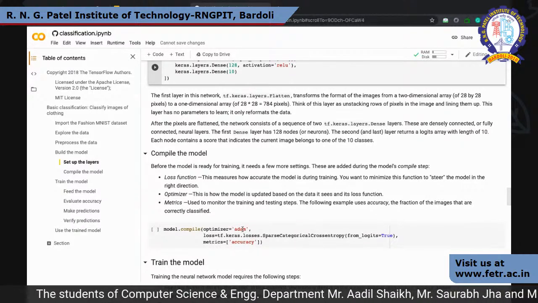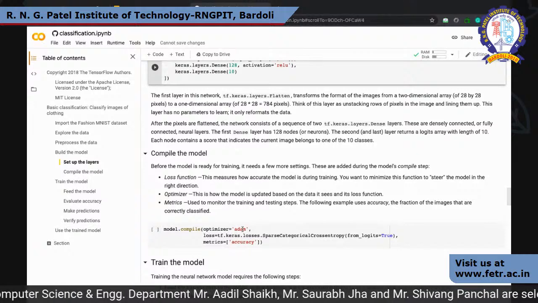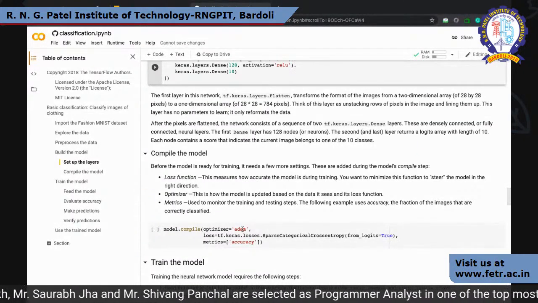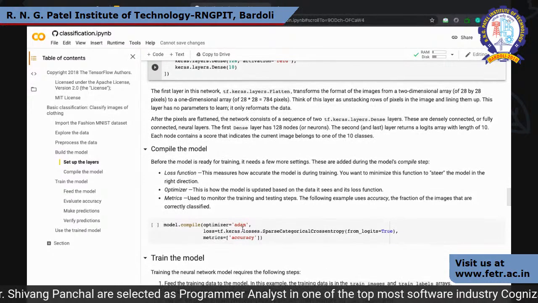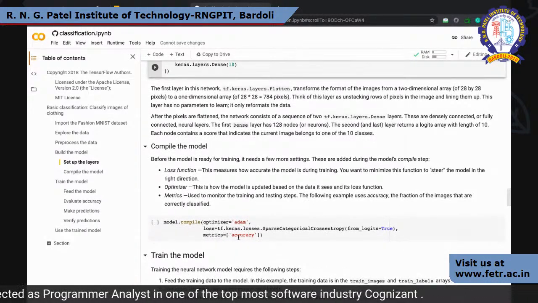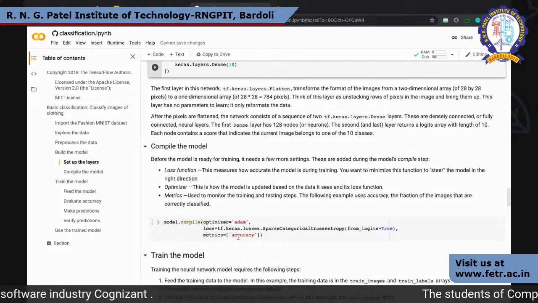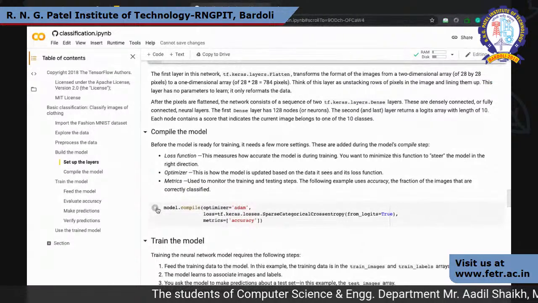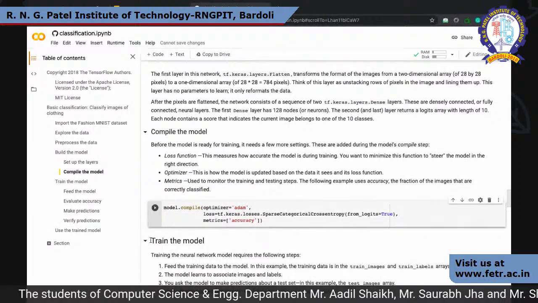Adam is a more advanced gradient descent algorithm which uses an adaptive learning rate. And metrics is the accuracy we wanted to monitor while we are training the model, right? So let me execute this as well.